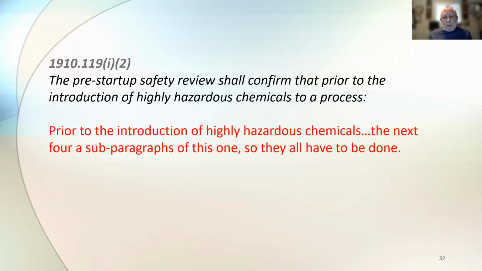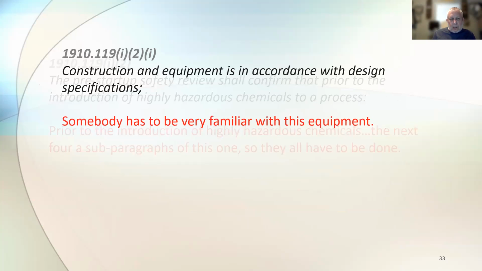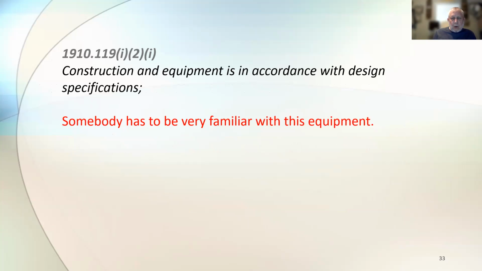The pre-startup safety review shall confirm that prior to the introduction of highly hazardous chemicals to the process, again, prior to the introduction of highly hazardous chemicals, the next 4 subparagraphs of this one all have to be done. Construction and equipment is in accordance with design specifications. Somebody has to be very familiar with this equipment.